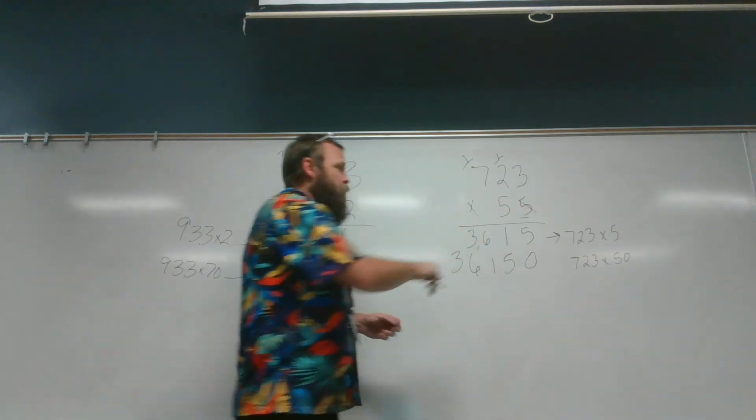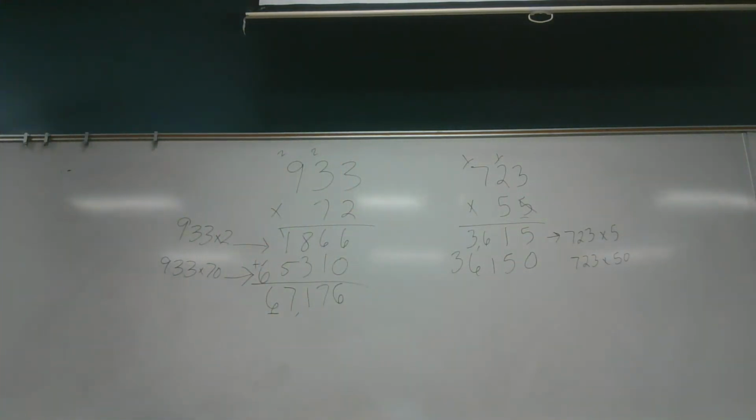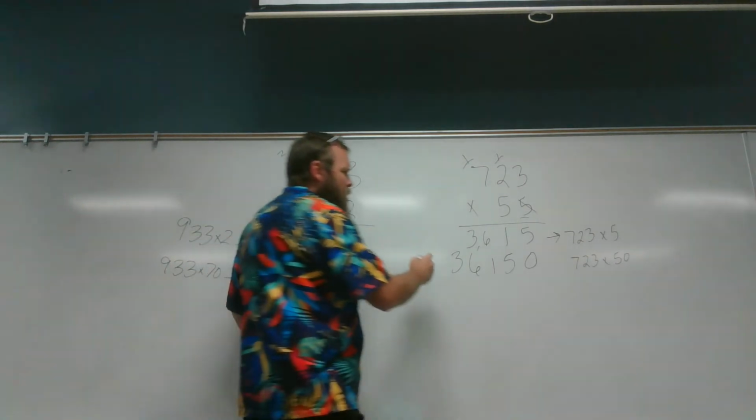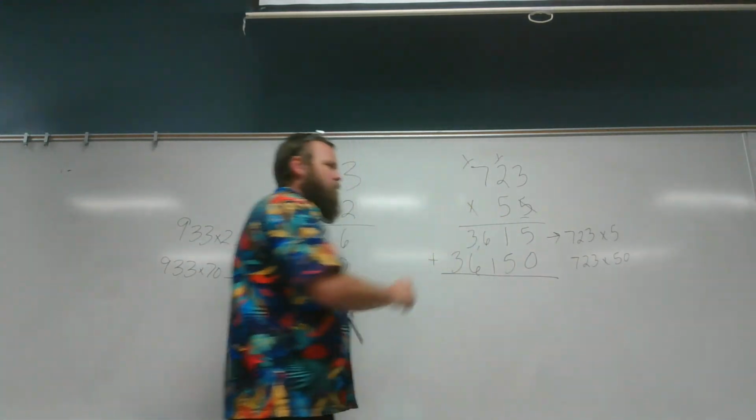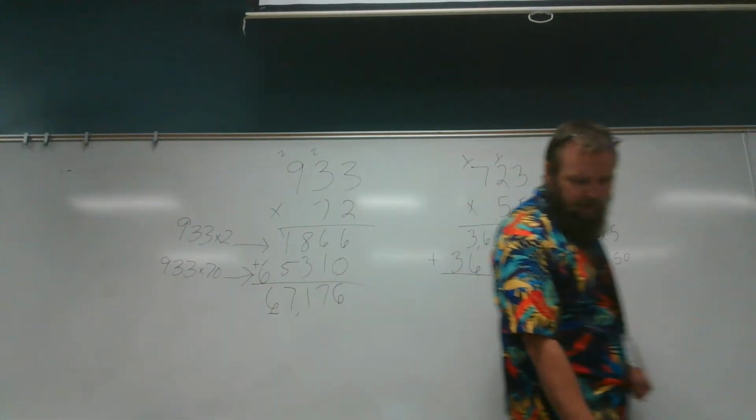Because all I had to do was put the 0 there, because I'm multiplying by 50 and not 5. And then the rest of the numbers stay the same. Boom shakalaka, Matthew. You're a brilliant young man. That's what I like to hear.